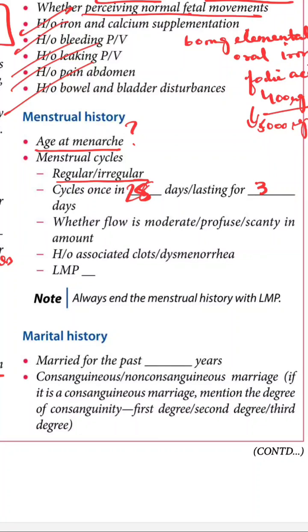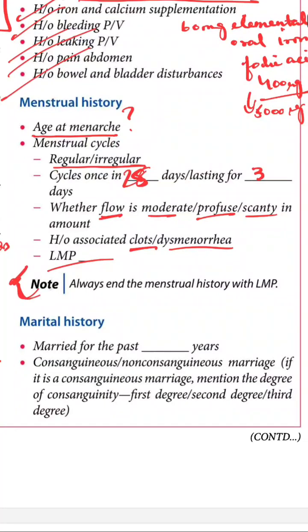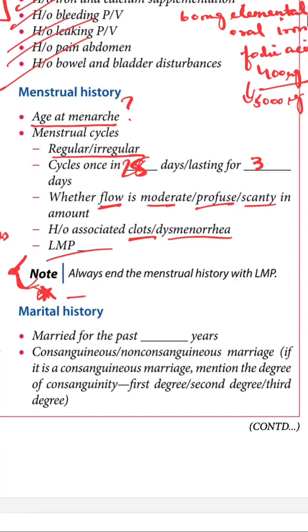Whether the flow is moderate or profuse or scanty, history of associated clots or dysmenorrhea, and LMP. Remember, some very important point to be noted: always end the menstrual history with LMP, the last menstrual period.